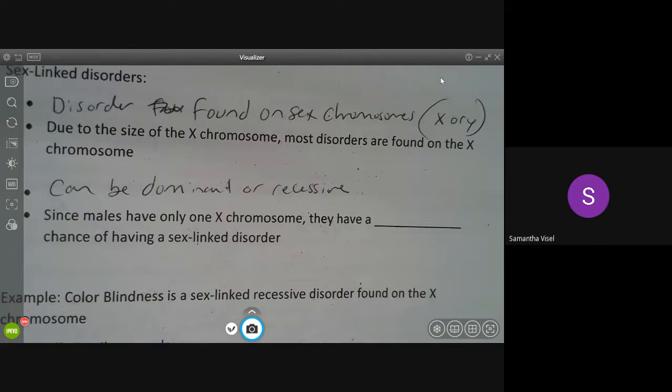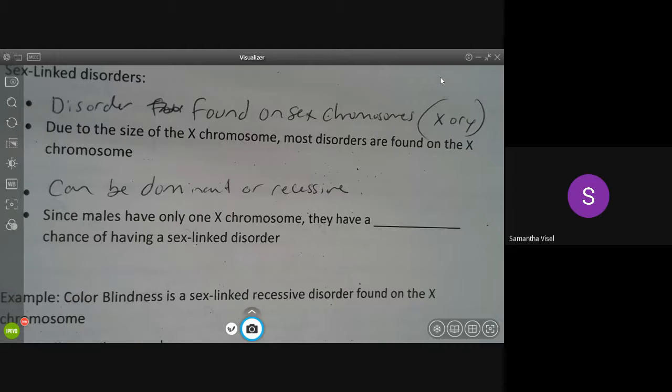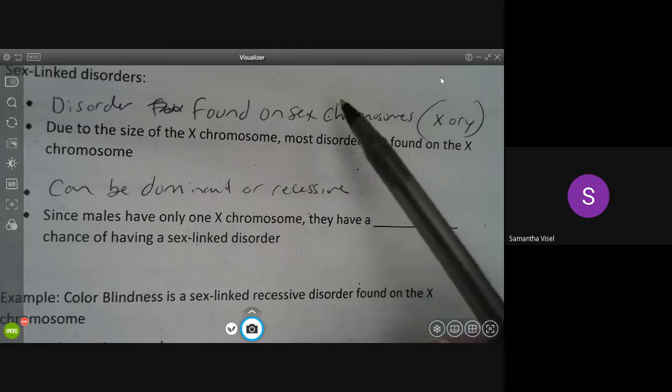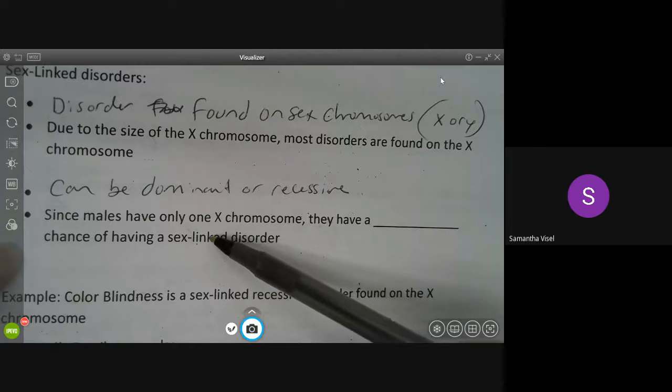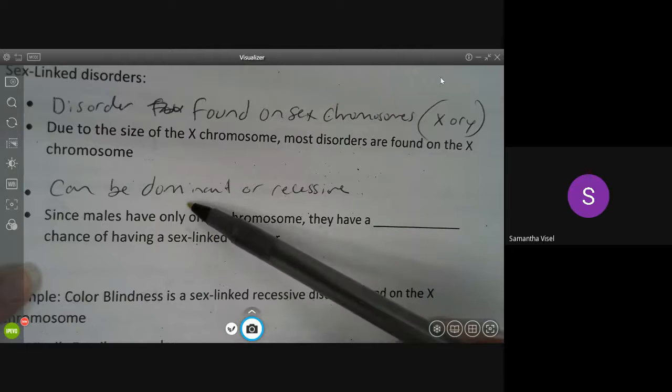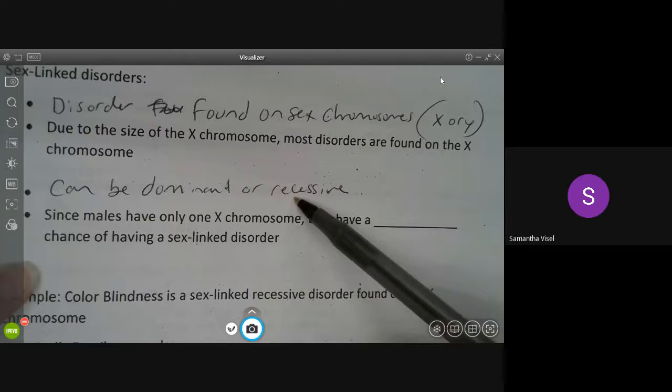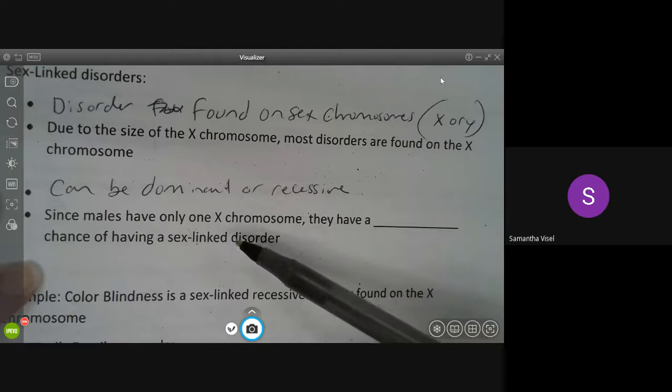Now, males, unfortunately, have a much higher risk of having a genetic disorder that is found on the sex chromosomes. That's because you only have one X chromosome, and so if that X chromosome has a disorder, it doesn't matter if it's dominant or recessive, you will have that disorder.